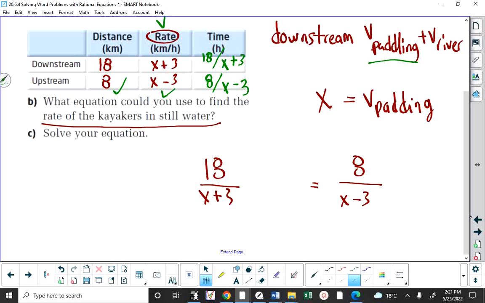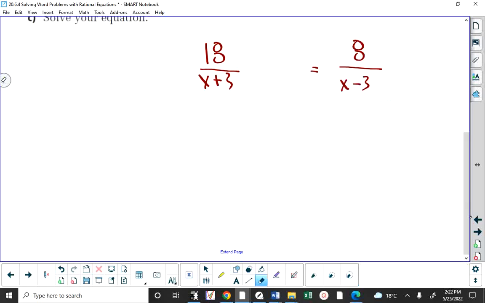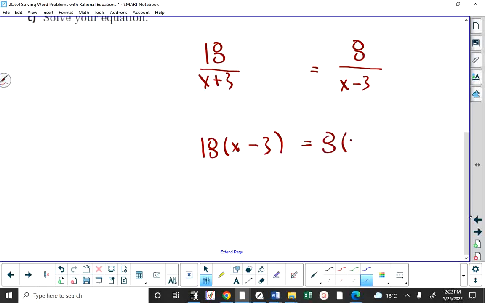I hope that everybody recognizes that I've said numerous times, cross multiplication is okay, but it's not the best idea. Cross multiplication will work if it's one fraction equaling another. But if it was that, cross multiplication won't work. So as much as I say I don't like it, it has its uses. 18 times x minus 3 will be equal to 8 times x plus 3.